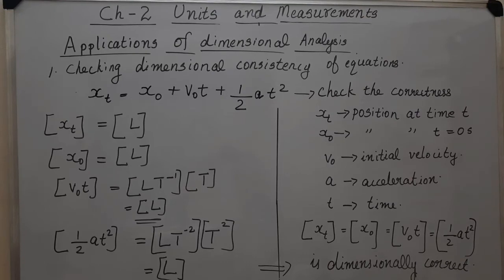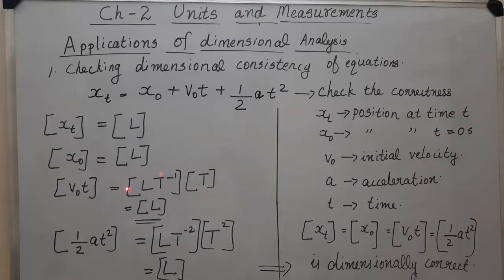So xt has the dimension of L. x0 also has the dimension L. Now v0t is a product, so the dimensional expression of v0 into the dimensional expression of t: LT raised to minus 1 into T, that is equal to L. Now half a t square.